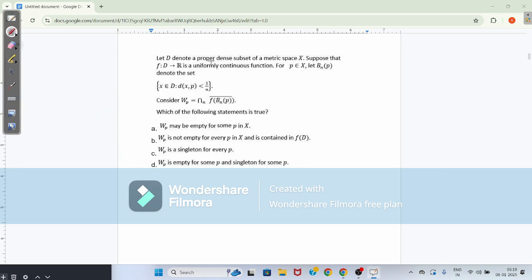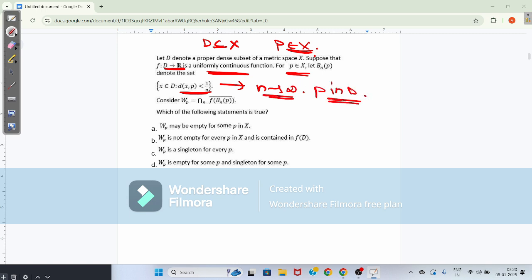D denotes a proper dense subset of a metric space X. Given P belongs to X, P will be some value in D, and F from D to R is uniformly continuous. It satisfies the condition of uniform continuity, and this implies that as n tends to infinity, the neighborhood of P in D is shrinking.